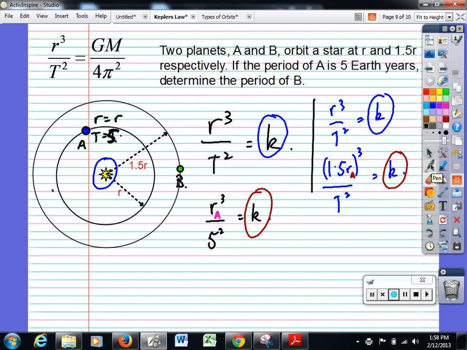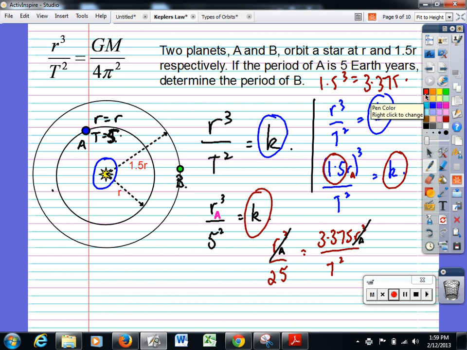Popping down the bottom here, that's r cubed on 25 is equal to, what's 1.5 cubed, please? 1.5 cubed equals 3.375, so that's 3.375 r cubed over t squared. Are we okay with that? What is common to both sides of this equation? It's the r cubed. Remember that r is the radius of A, and therefore it is the same value on both sides, so it's now going to cancel.